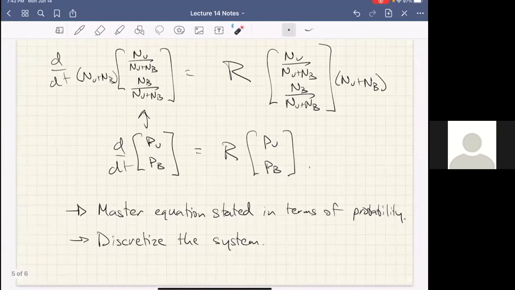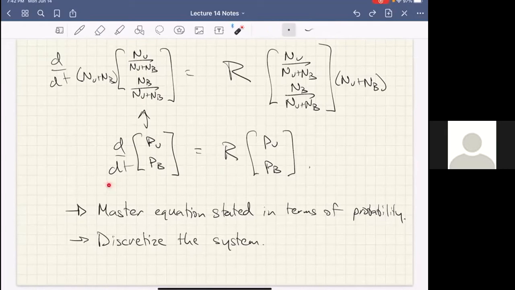And I can take out another constant, the total number of receptors, and I get these fractions. And those fractions, if I pick one receptor at random, are the probability of finding any particular receptor in those states. So I have a rate matrix.